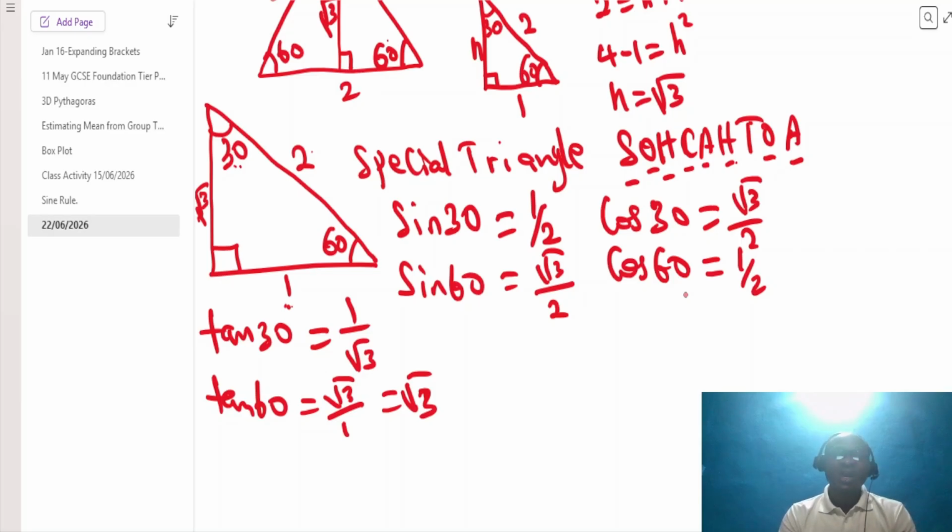So, angles such as 30, 45, 60 are referred to as special angles. Meaning, you can use a simple right angle triangle to know the values of the cosine, tangent, and sine of all these special angles.